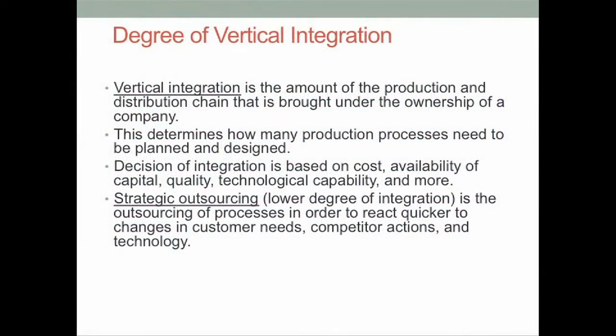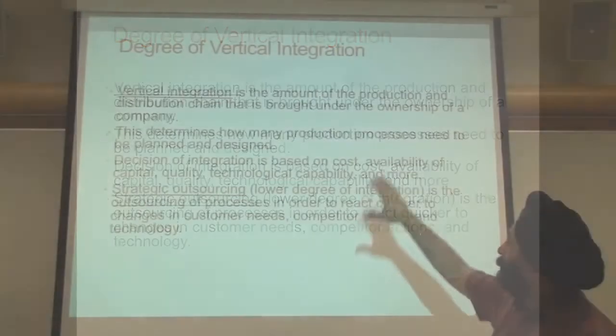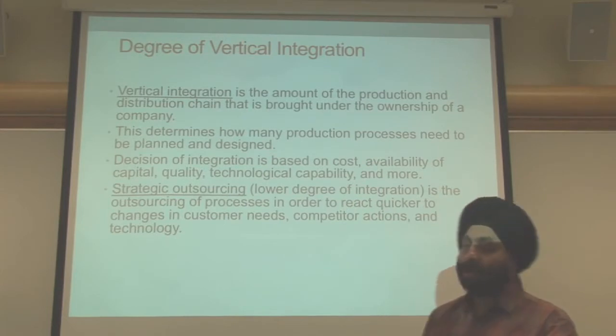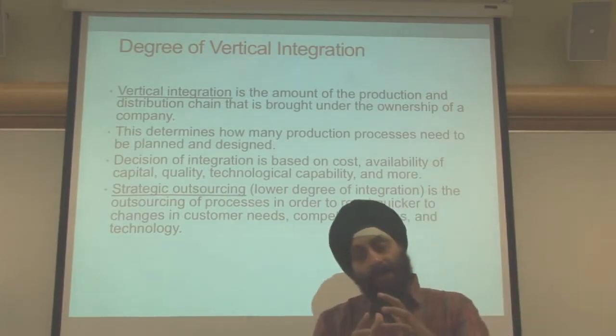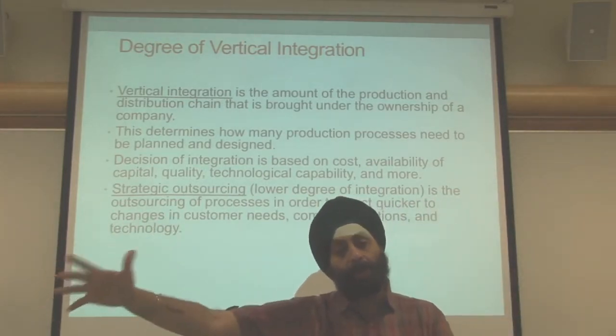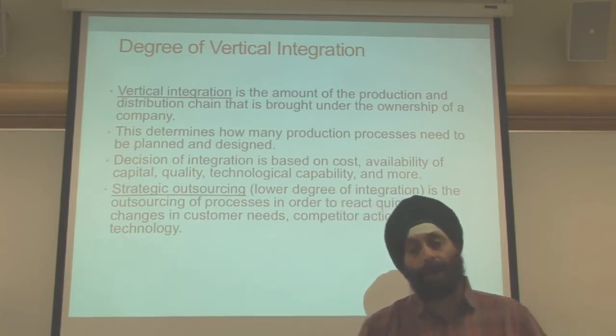In this case, vertical integration is the amount of the production and distribution chain that is brought under the ownership of the company. How much can you centralize, or how much can you delegate out to outside vendors or outsourcers?